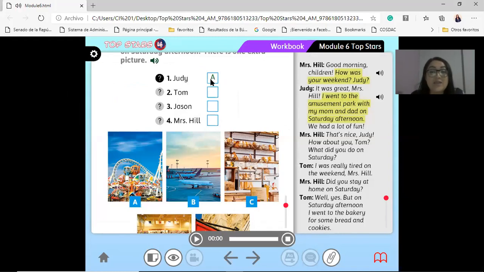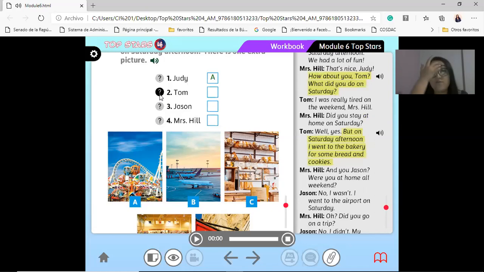So the answer is letter A. Okay, write your answer in the correct square. For Tom, it says, but on Saturday afternoon, I went to the bakery for some bread and cookies. And the answer for Tom is the bakery.